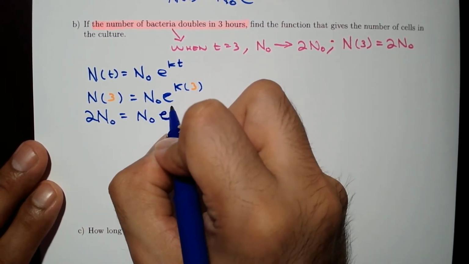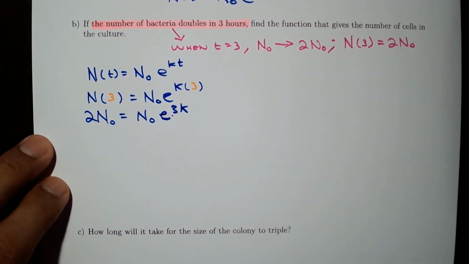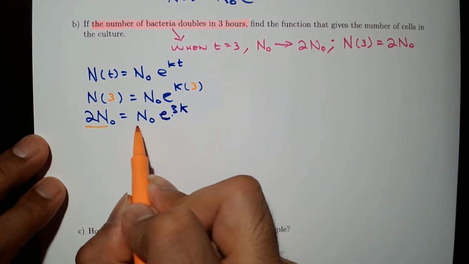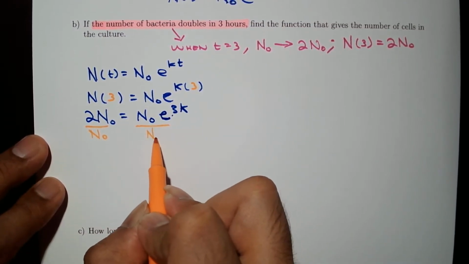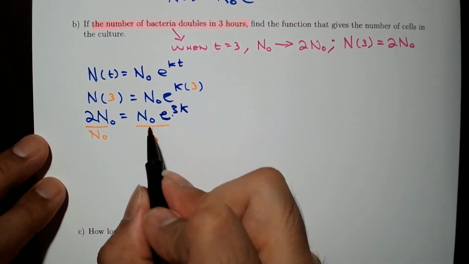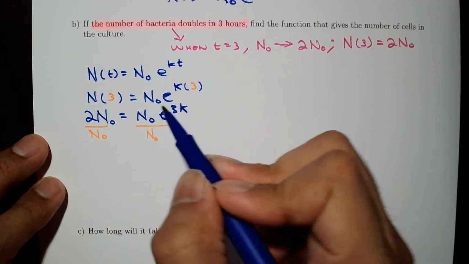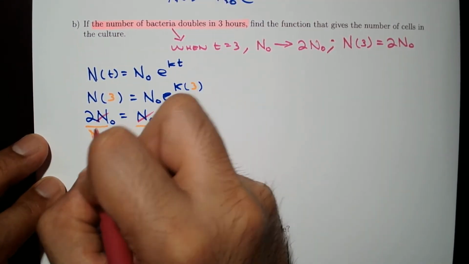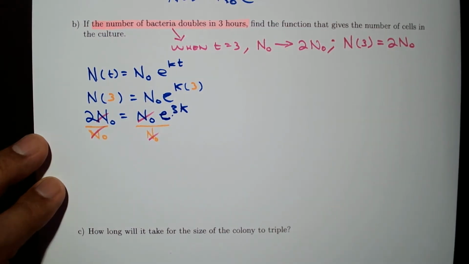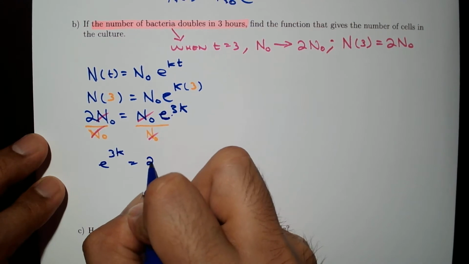So we have 2 N initial equals N initial e to the 3k. All right, so we are going to solve this equation for k. N naught again is the initial amount. This subscript is like 0 or initial. Okay, so cancel, cancel, and we get e to the 3k equals 2.